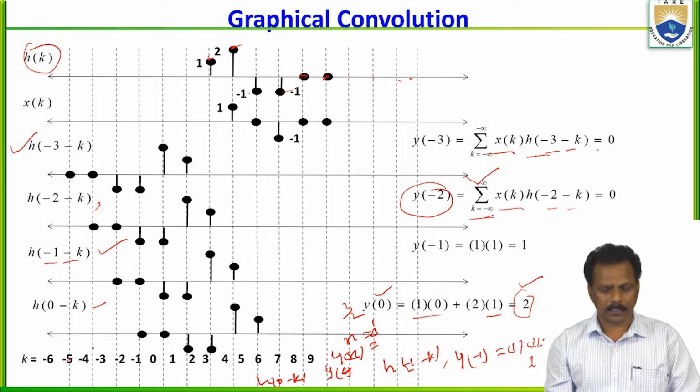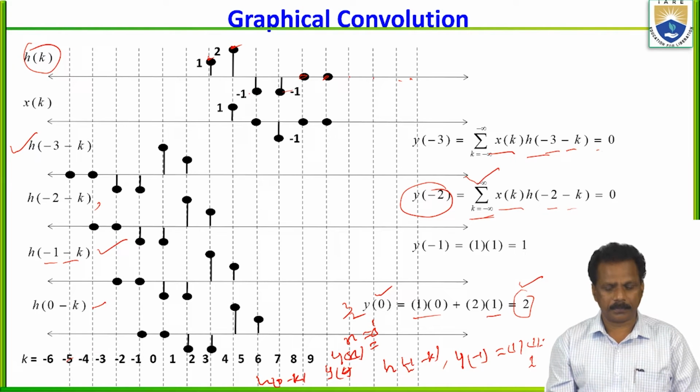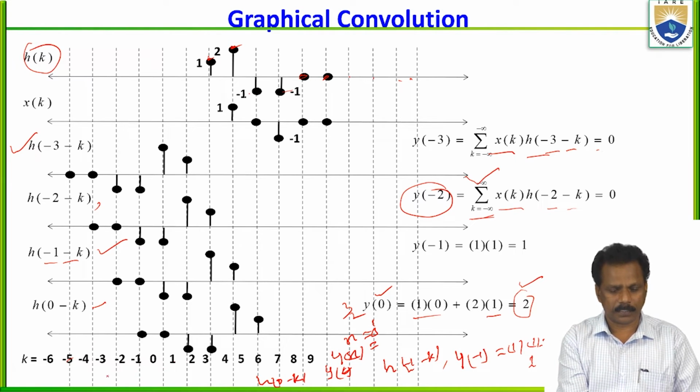So we are ready to assign all these values where k equals minus 6, minus 5, minus 4, minus 3, minus 2, minus 1, 0, then k equal to 1, 2, 3, 4, 5, 6, 7, 8 and 9.